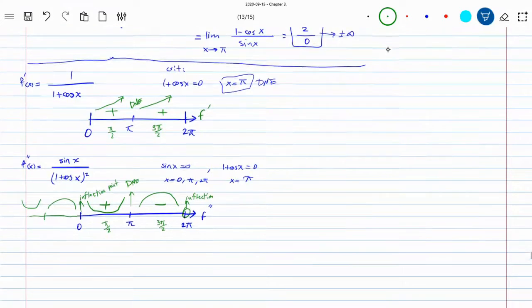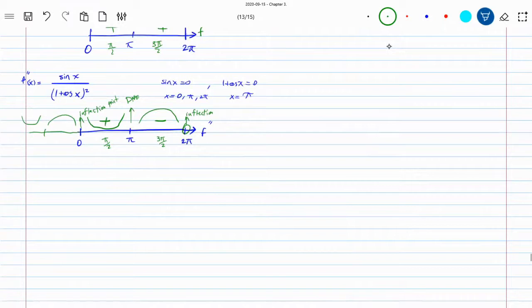Okay, so let's put all these into one table again. I'm going to consider only the interval 0 to 2 pi. I'm not going to go beyond that. You could have picked negative pi to pi, or negative 2 pi to 2 pi, but it's too much.